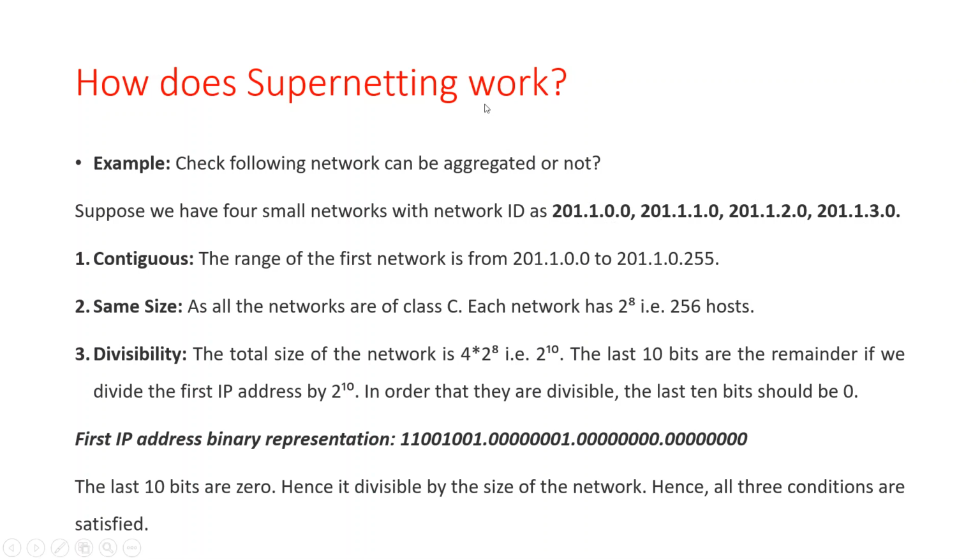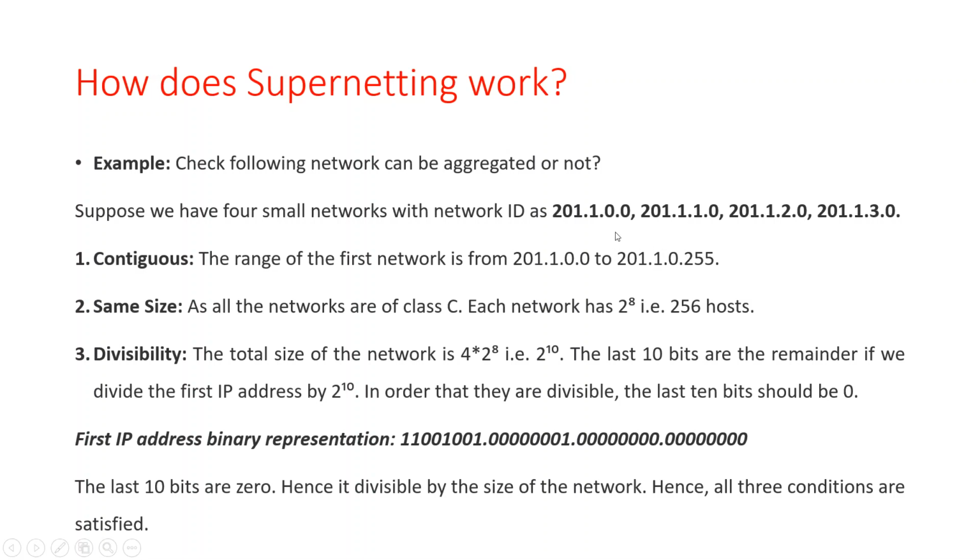So check whether the following networks can be aggregated or not. We have this network, and we have to check whether it can be aggregated. By using these three rules, we can check whether the given network can be aggregated. So what is the first rule? Here the range of the first network is from 201.1.0.0 to 201.1.0.255.